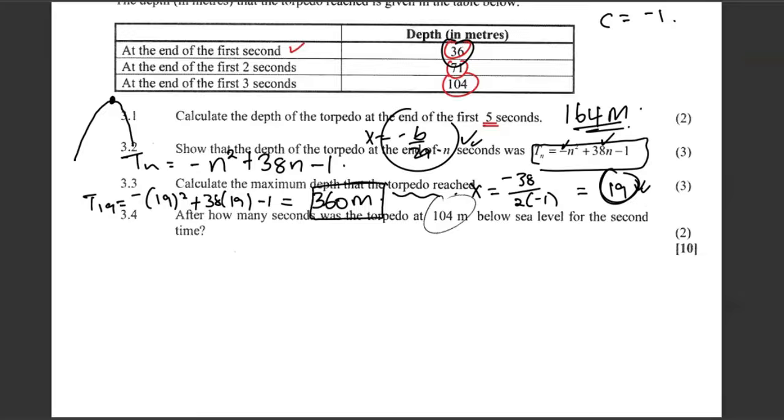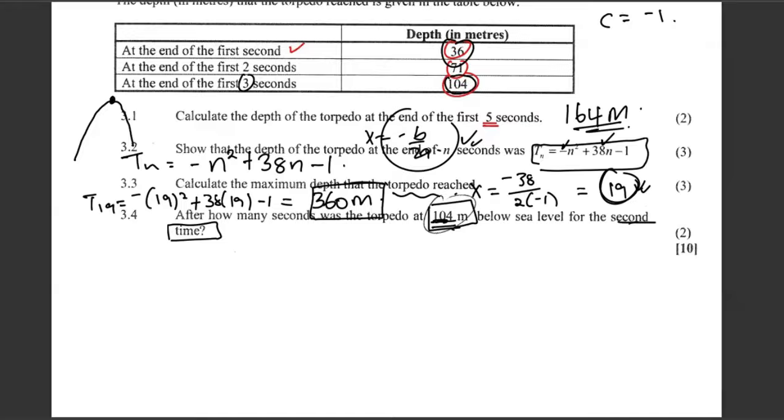All right, then after how many seconds was the torpedo at 104 meters below the sea level for the second time, for 2 marks, sorry. Now we know that it was at 104 after 3 seconds. So at 3 seconds, we have this.